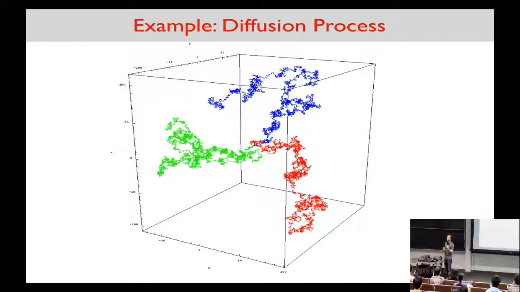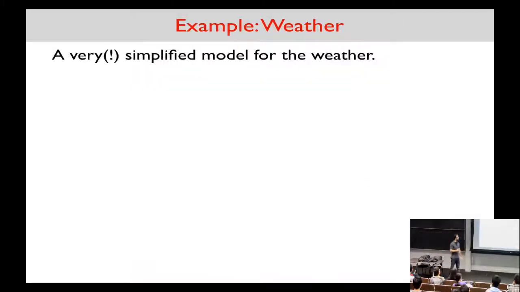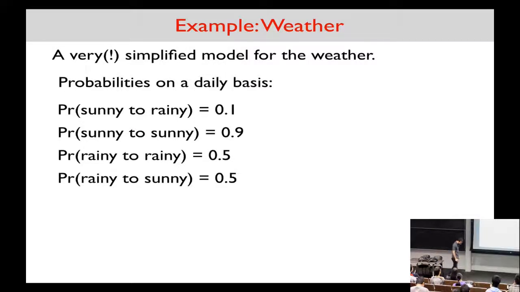It does not depend on how it got to that location. Once it's in a certain location, where it will go next just depends on where it is currently. So that's a Markov process right there.